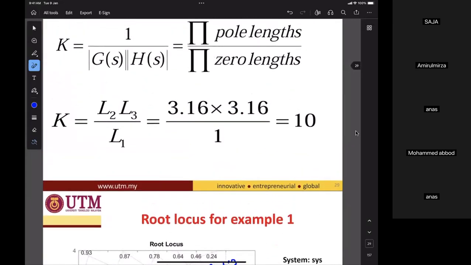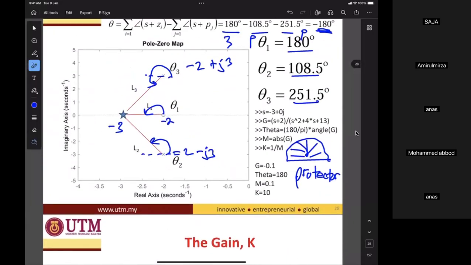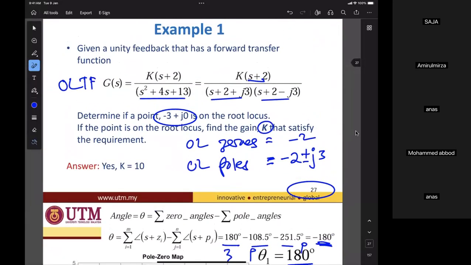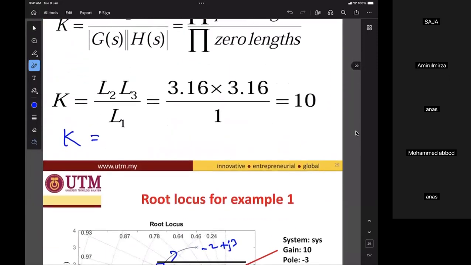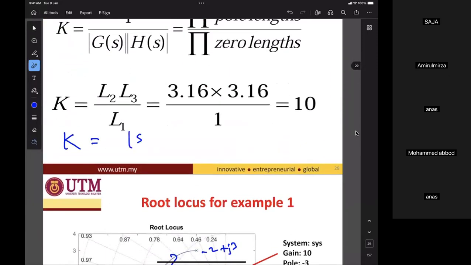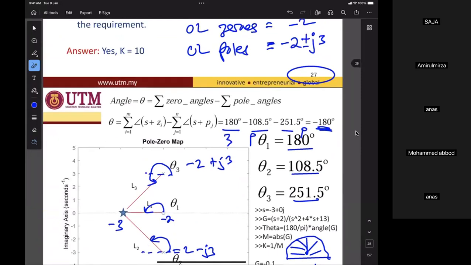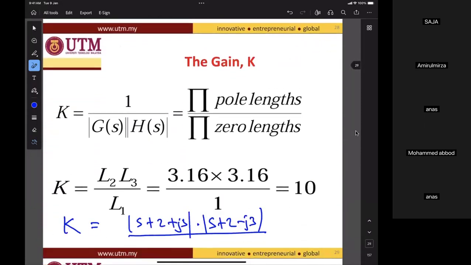And for the length, as I told you before, you can use this one, s plus 2 plus j3, s plus 2 minus j3 over s plus 2.